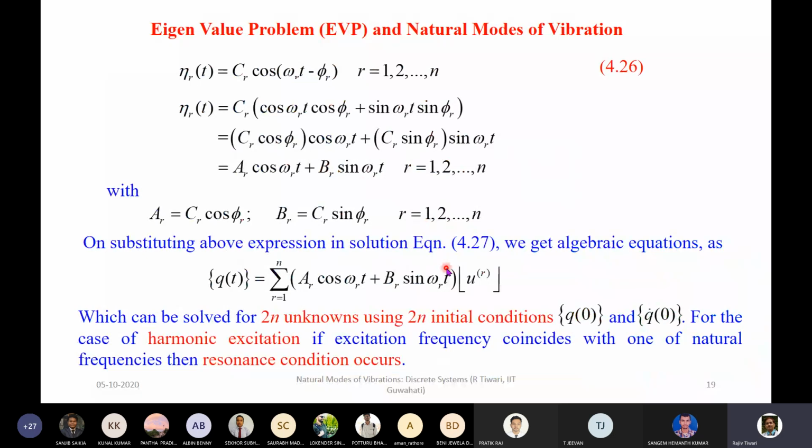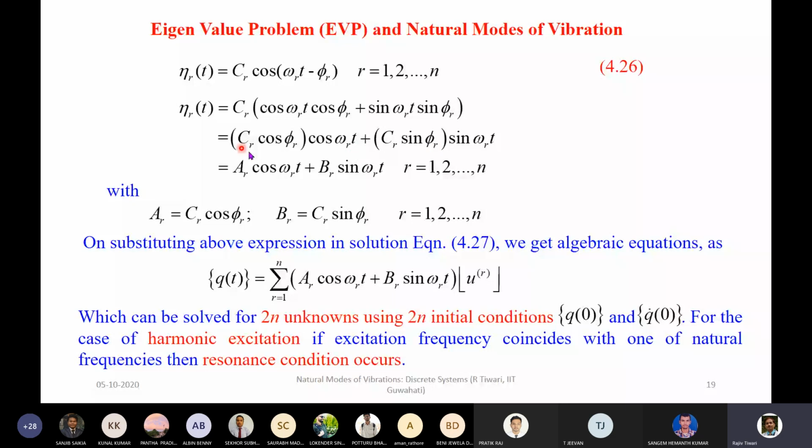This particular equation I'm expanding now, because cos of omega t minus phi r can be expanded like this. If I bring this inside and club the constant terms in one place, Cr cos phi r is the constant, and this is the time dependent term. Similarly, Cr sin phi r is constant.